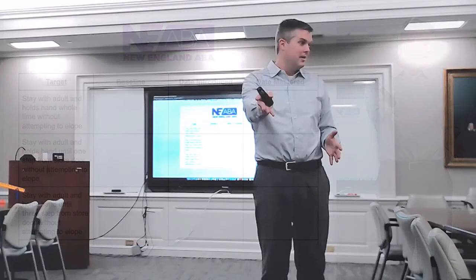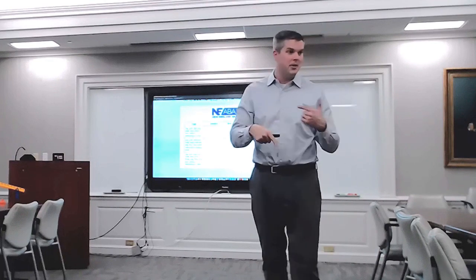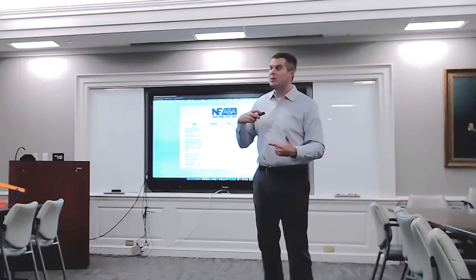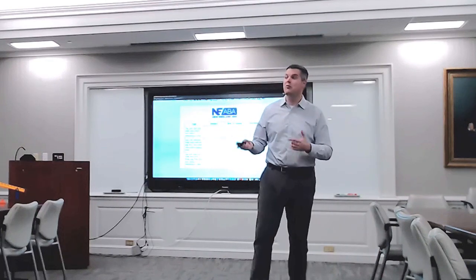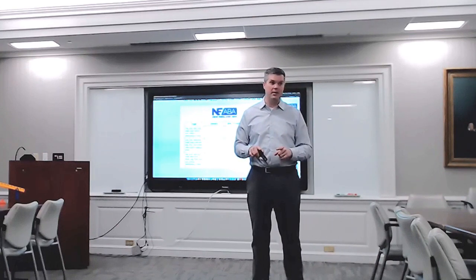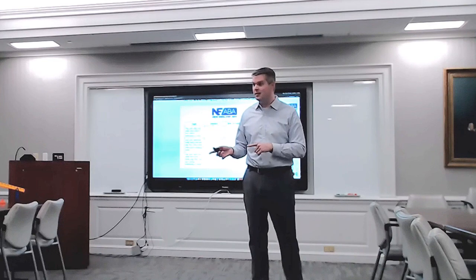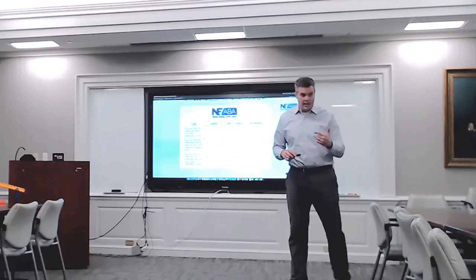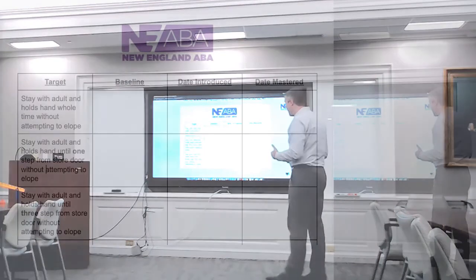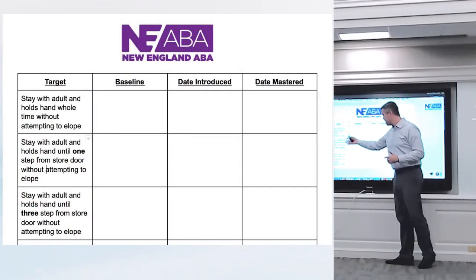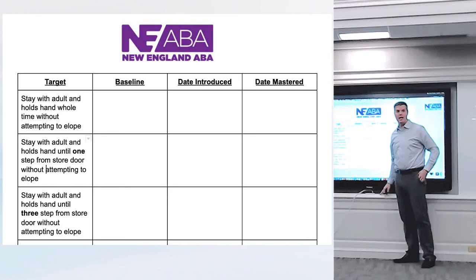Okay? But I'm using the same thing here where I'm rewarding and I'm deciding beforehand what I'm going to do for reinforcement. I'm deciding that beforehand. And then I'm providing it when the child engages in these targets that I'm looking for, or the behavior that I'm looking for.